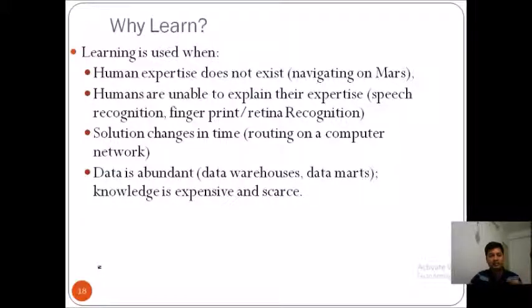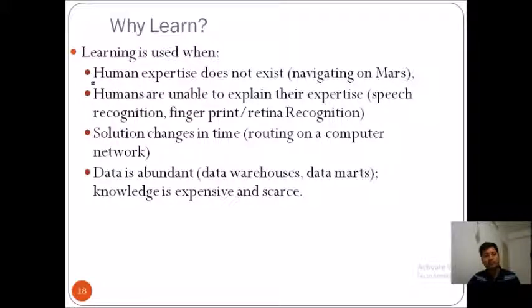The next is, sometimes after studying all of what we studied previously, you may ask why to learn. Already we have a sufficient amount of mathematics and physics. Why make a machine learning model? So some of the points are gathered here.